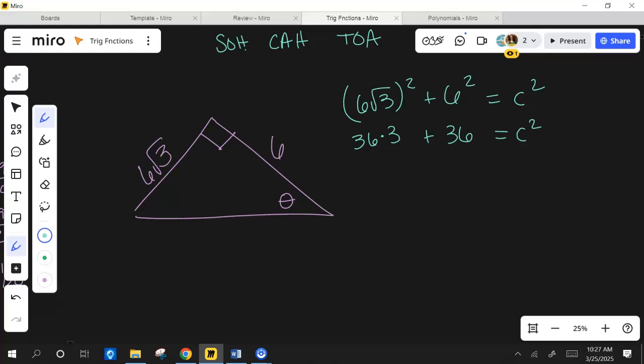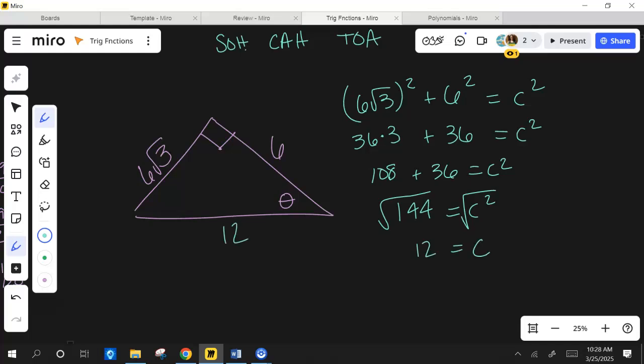Guys, there's lots of talk. This is not easy stuff, and it is brand new. All right, 36 times 3, 108. So what is the hypotenuse? 12. Yes, so you square both pieces in here. So 6 squared is 36. The square root of 3 squared is 3.